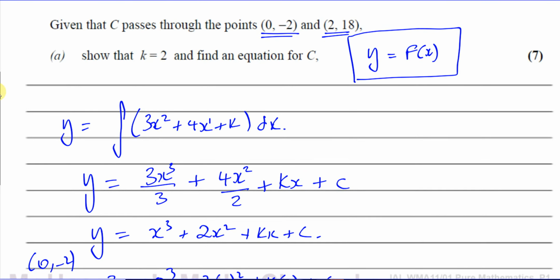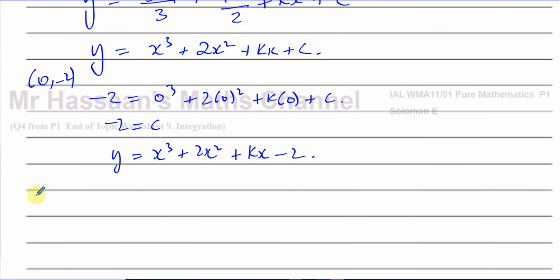If we use that point, (2, 18), then that will help us find the value of k in the equation. So we replace the y with 18 and we replace the x with 2. So it's 18 equals 2 cubed plus 2 times 2 squared plus k times 2 minus 2.